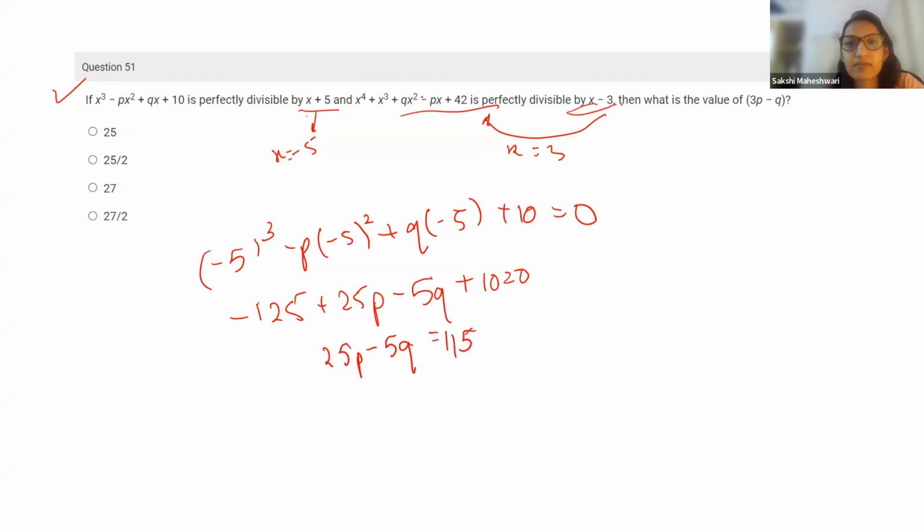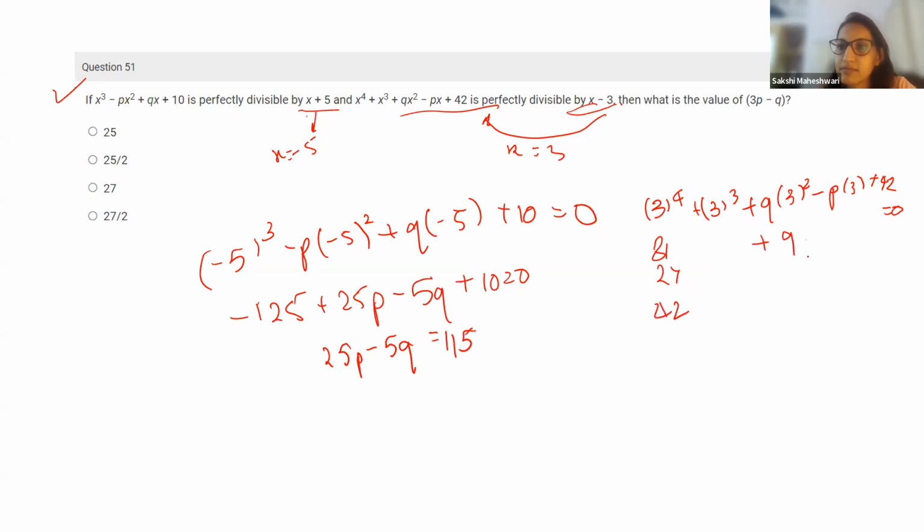Now while I substitute x equals 3, 3 to the power 4 plus 3 to the power 3 plus q into 3 square minus p into 3 plus 42. This is 0. So 3 to the power 4 is 81, 81, 27, 42, plus 9q minus 3p.